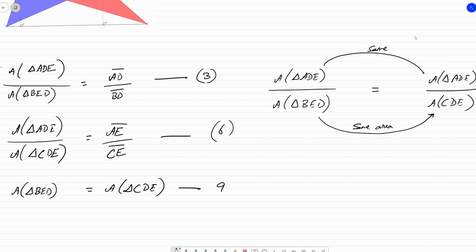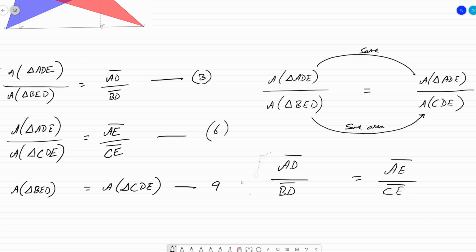So now instead of writing the triangle ratio, I can straight away write AD upon BE. It is equal to AE upon CE. Now look at this final result that we have got.